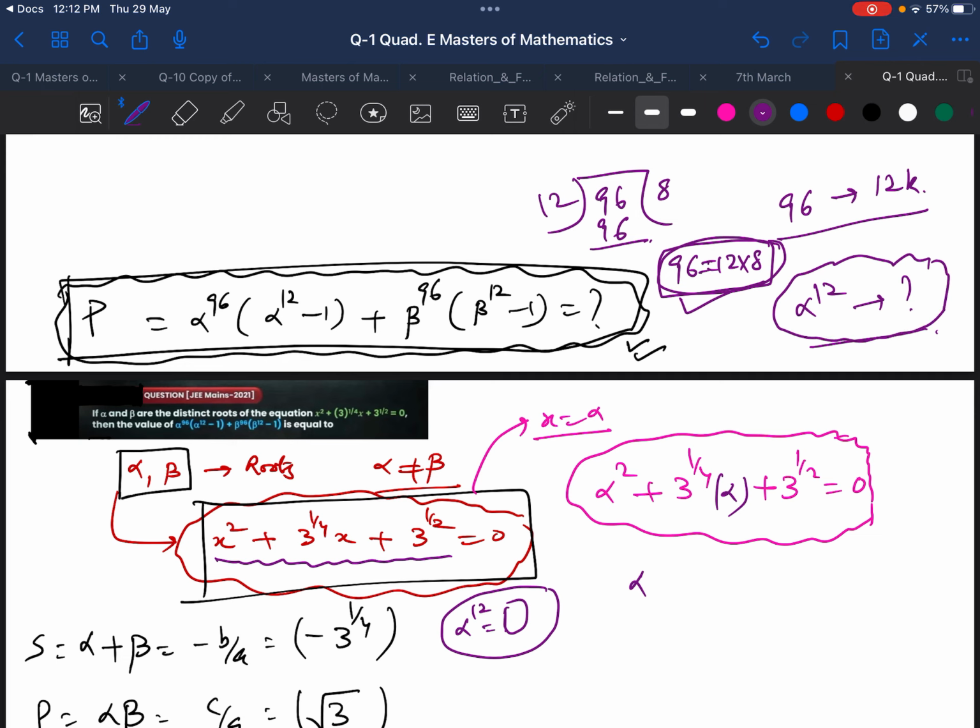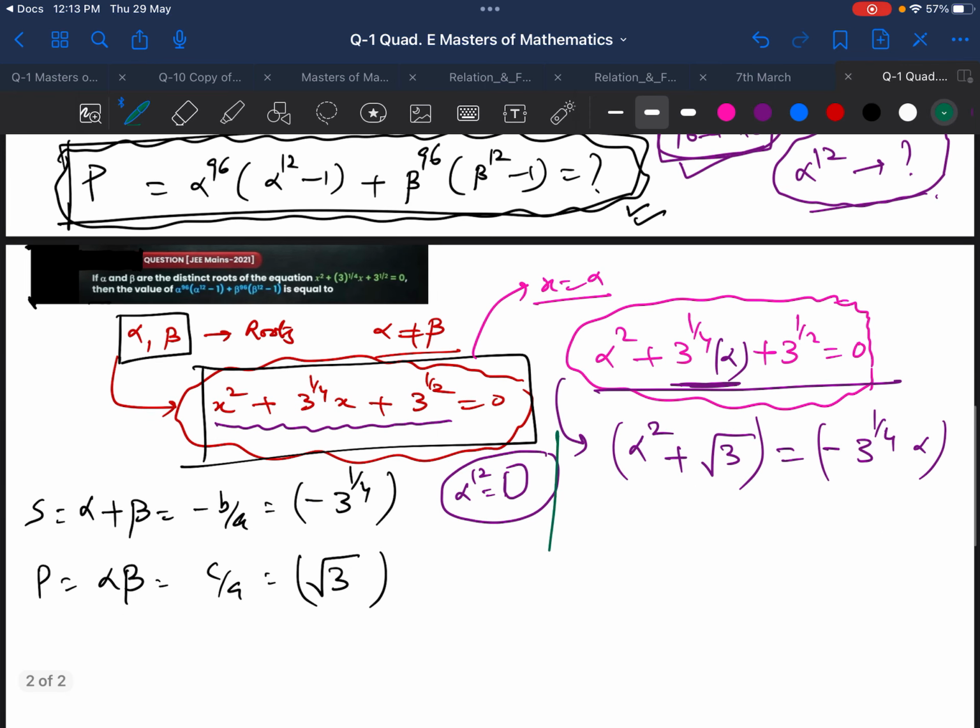So I will write this equation as alpha square plus 3 raised to power half, meaning square root of 3, equal to minus of 3 raised to power 1 by 4 into alpha. I can write this equation like this. I have taken the middle part to the right hand side.